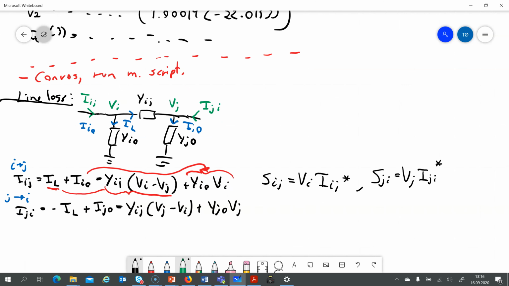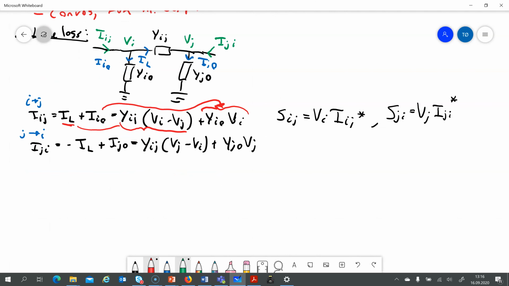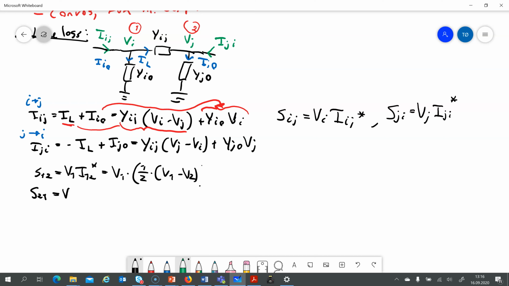So if you go over to, let's say, buses 1 and 2, we can actually write S12 is equal to V1 times the complex conjugate of (V1 minus V2) divided by the impedance, and S21 equals V2 times the complex conjugate of (V2 minus V1) divided by the impedance, like this.